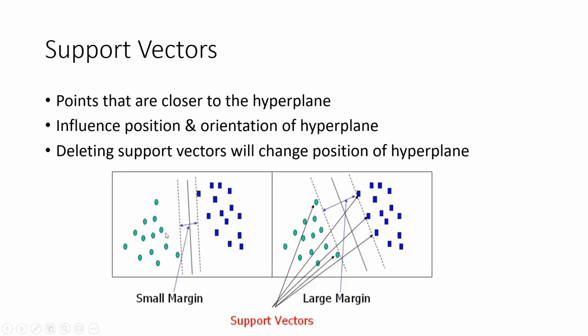So here the margin is a bit smaller, but here the margin is larger, which is to say that the separation between the two classes of data is larger. Okay. Any questions until now on the basic concept or the principle?